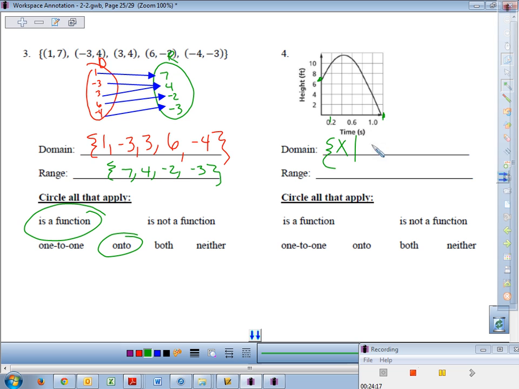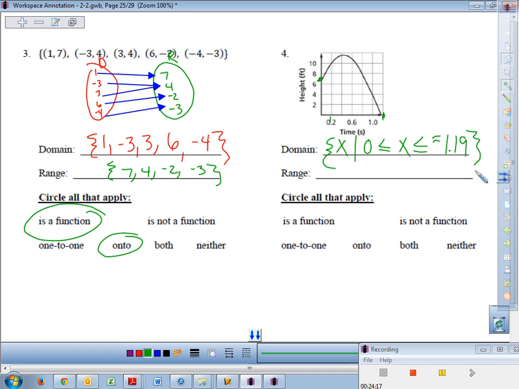Set of all x such that 0, symbol points to the left. Should it count? You bet. X goes in the middle. Symbol points to the left again. It'll count. And then we'll say approximately 1.19. We kind of had to round that. That's in set notation, correct?